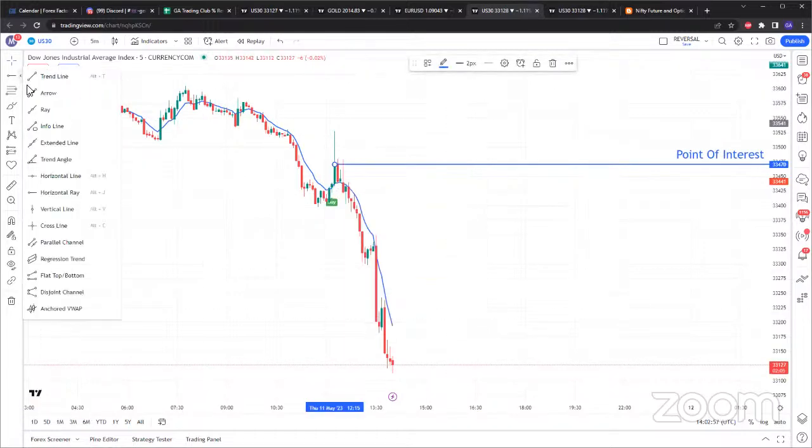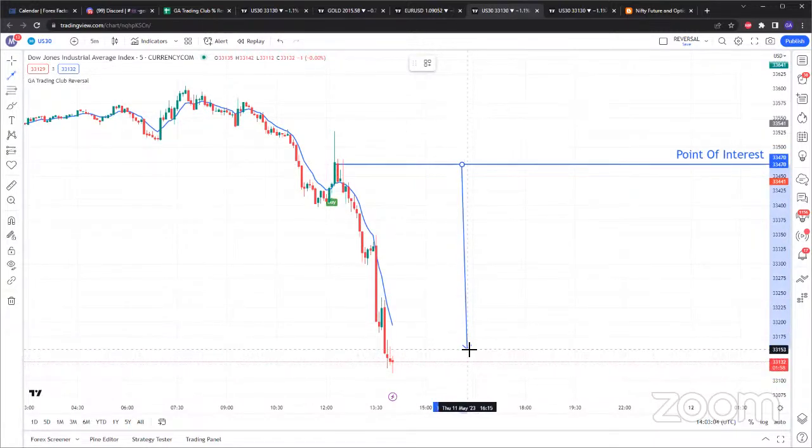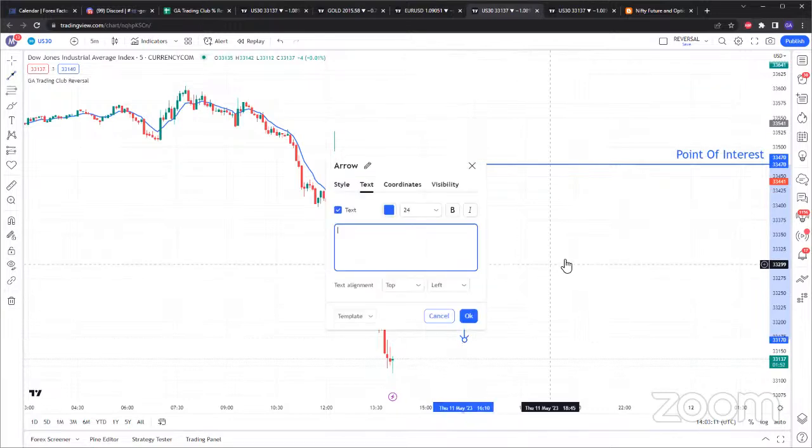And then a trend for me on US 30 is anything 500 pips. So what's 500 pips from here? 170. So this has already met this threshold right here. Perfect. So this is 500 pips.